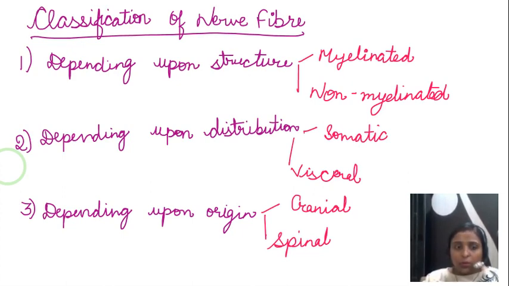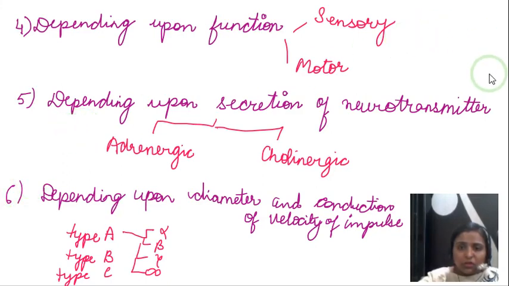On the basis of function, sensory and motor. On the basis of secretion of neurotransmitter, adrenergic and cholinergic. And depending upon the diameter and conduction velocity of impulse, three fibers: type A, type B, and type C fibers. Then type A has many subtypes: type A alpha, type A beta, type A gamma, and type A delta fibers, right?